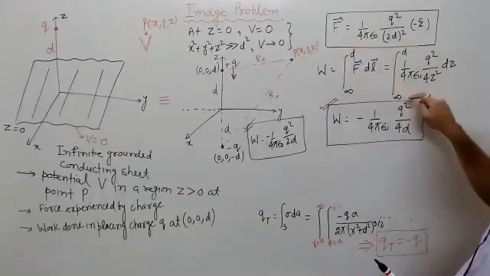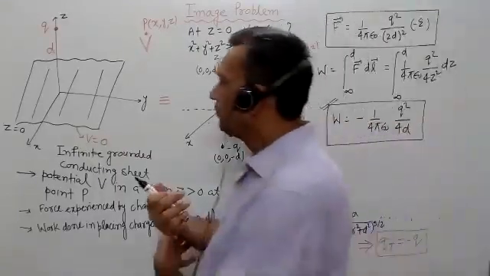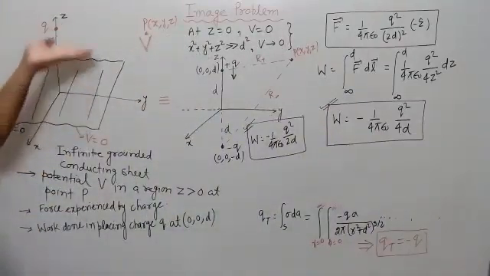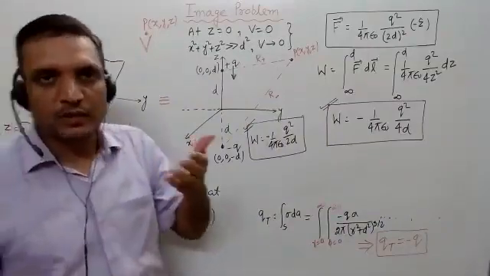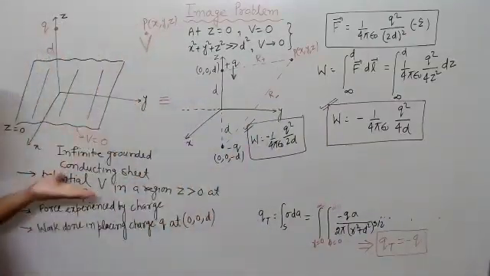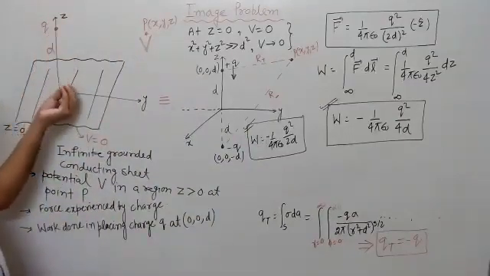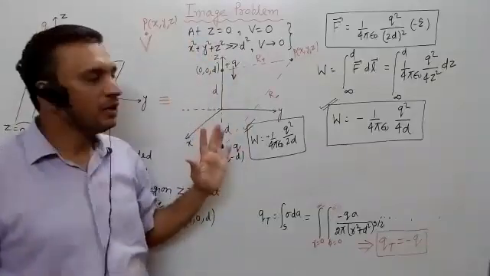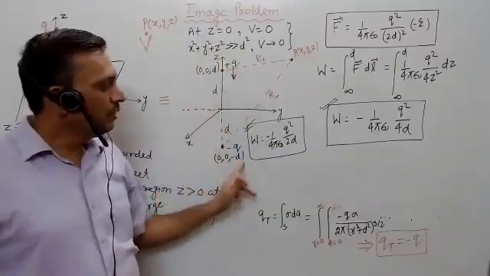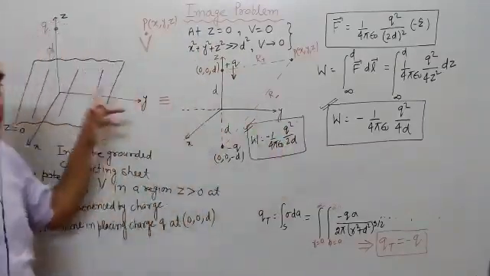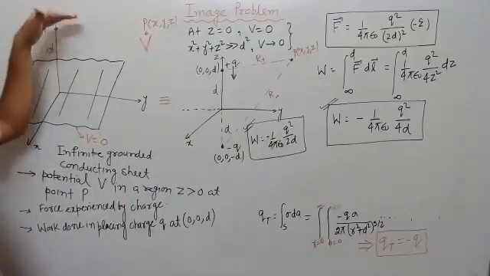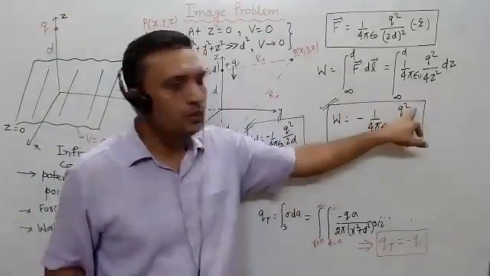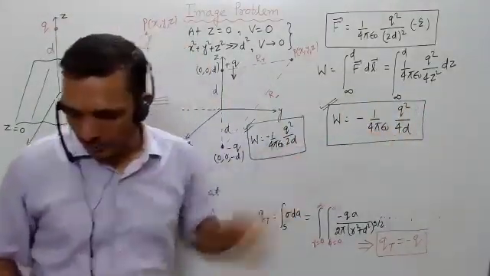So always use the integral from infinity to d of F dot dl, because it's a conductor, and if you place the charge in the upper half, I am focusing on the upper half only. There will be no contribution from the lower half in this case. That's why the work done in placing charge q near the conductor is half of this case. Please remember this point. If you have the case of point charges, work done will be q square by 2d, but it's a conductor and you have contribution in the upper half plane only. So that's why work done is minus 1 by 4 pi epsilon 0, q square by 4d. So just remember this point.